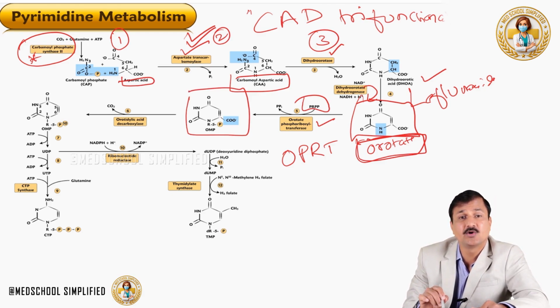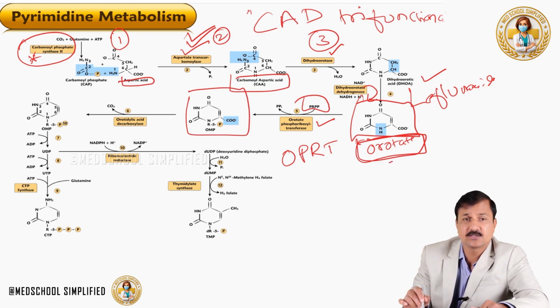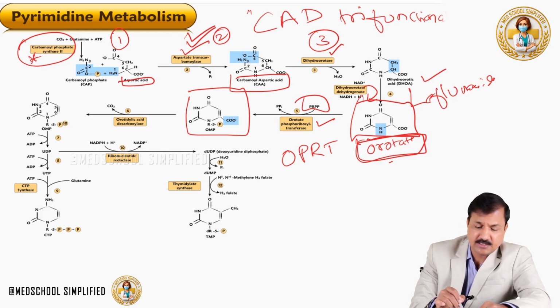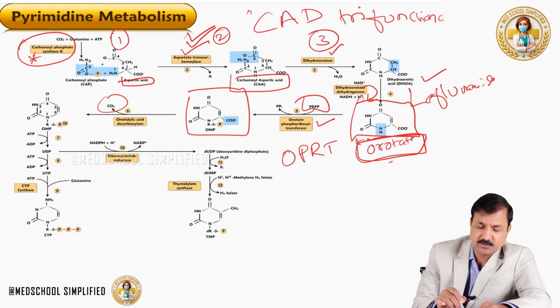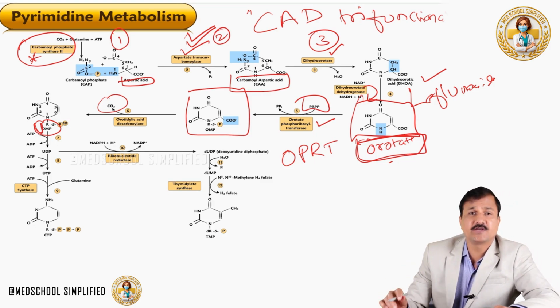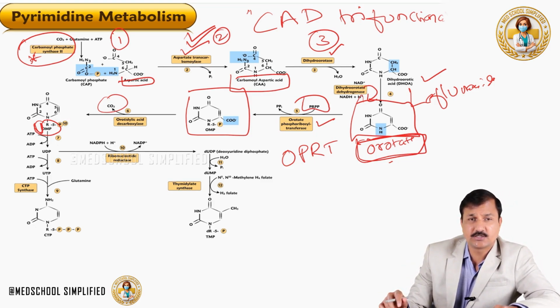That's a pyrimidine nucleotide. The pyrimidine base orotate is converted into a pyrimidine nucleotide by transferring sugar and phosphate, ribose and phosphate. Now OMP undergoes decarboxylation, done by the orotidylic acid decarboxylase enzyme, to become UMP, uridine monophosphate, the first true pyrimidine nucleotide.